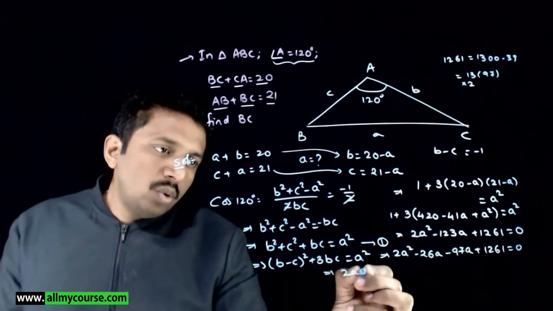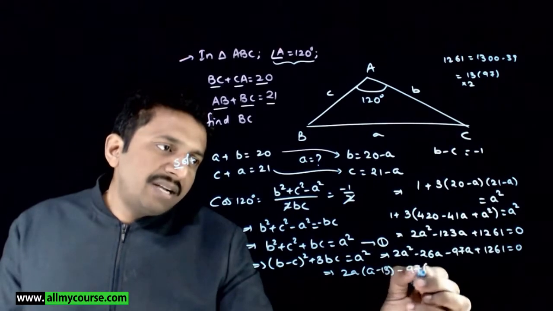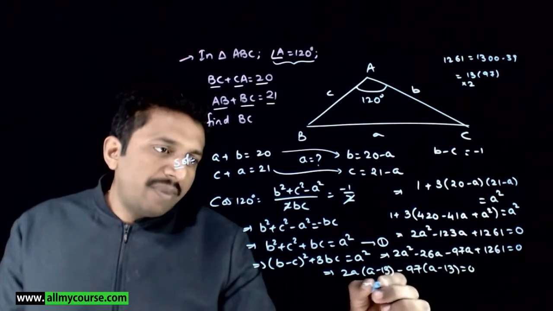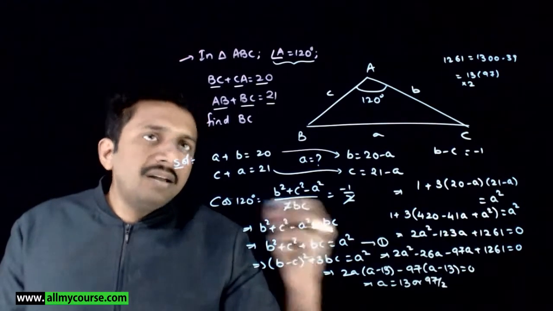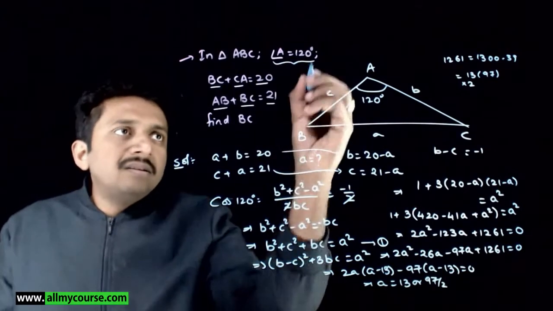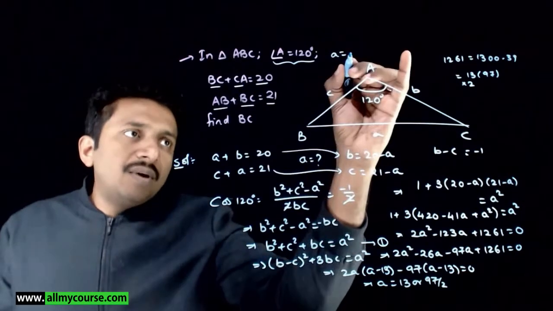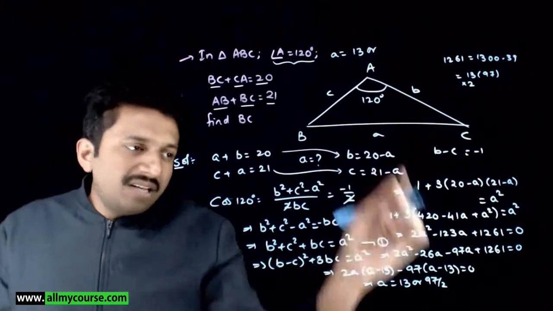This implies 2a times (a minus 13) minus 97 times (a minus 13) is equal to 0. This implies a is equal to either 13 or 97 by 2. So the value of the side a is equal to either 13 or 97 by 2.